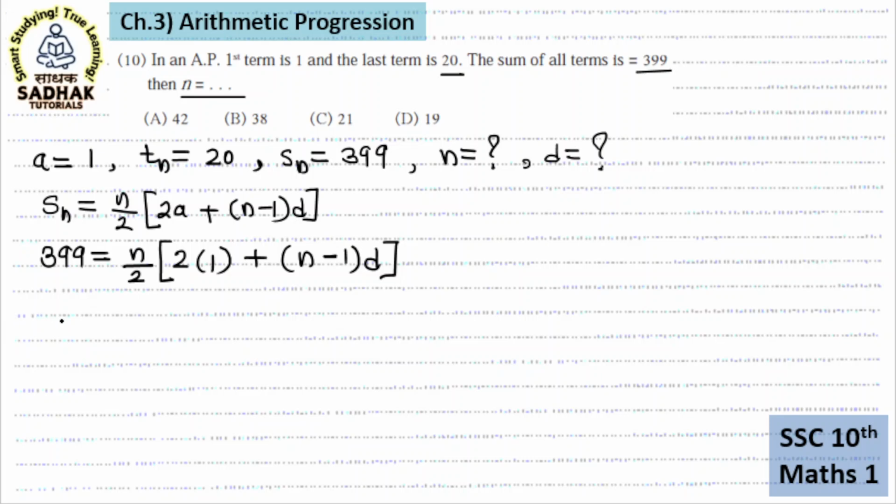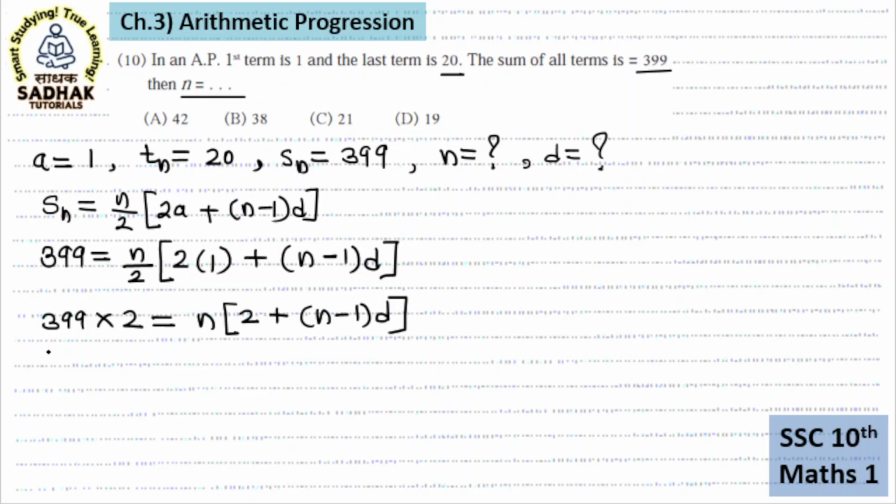So on this basis, what information will we get? 399 is equal to n upon 2. So this 2 we can take here and multiply it, so let me do that. So 2 will come here. So 2 will get multiplied with 399. So that will give us n. And then in the bracket 2 multiplied by 1 will be 2 plus n minus 1 d. Nothing will happen here. It will remain as it is.